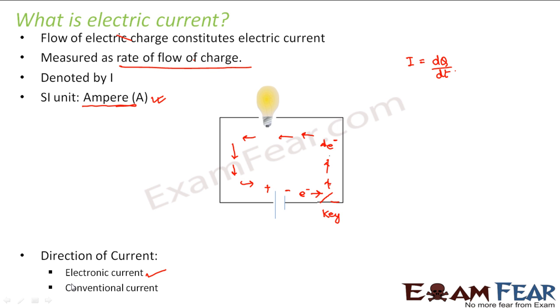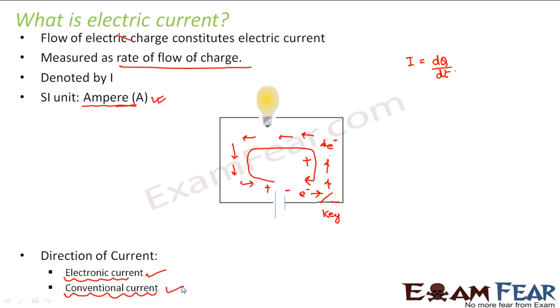So electronic current is basically the current in the direction of flow of electrons. Now, if the electrons are moving in this direction, where will the positive charges move? The positive charges will move in this direction, right? That current is known as conventional current.